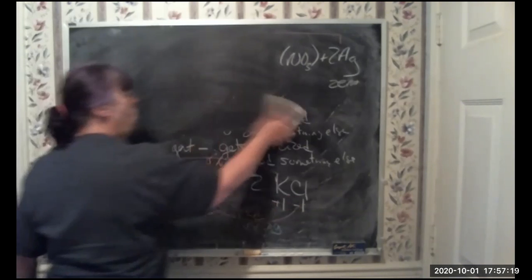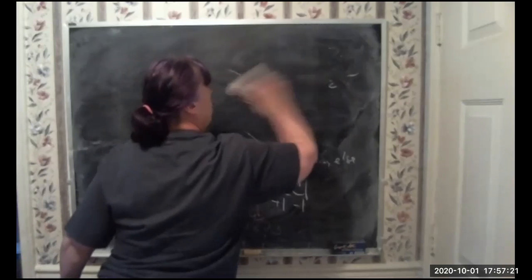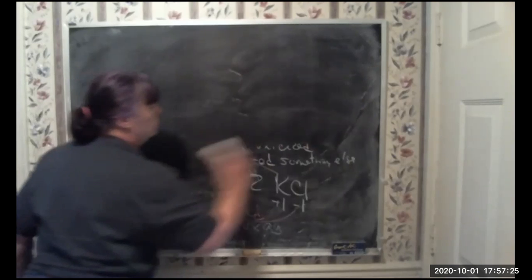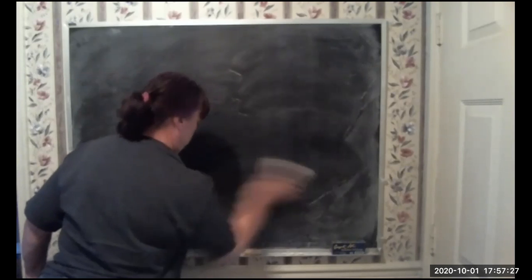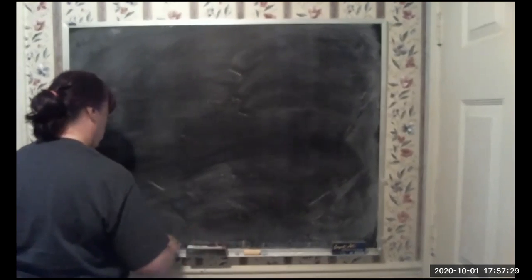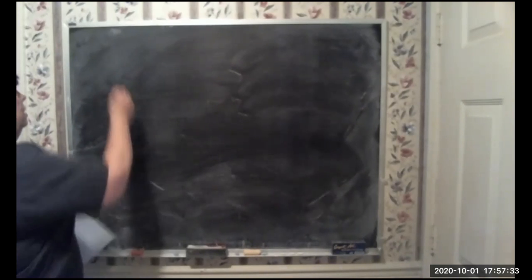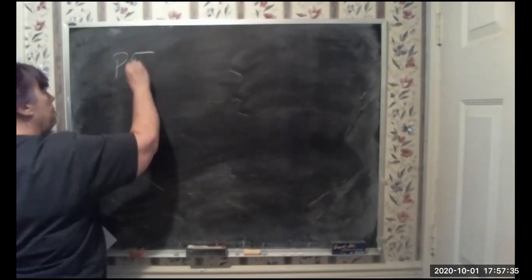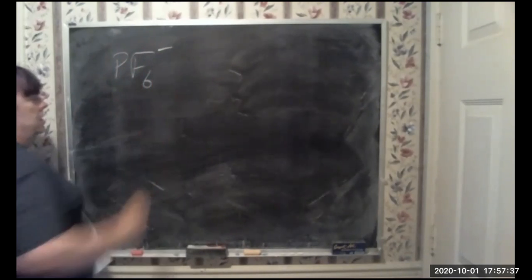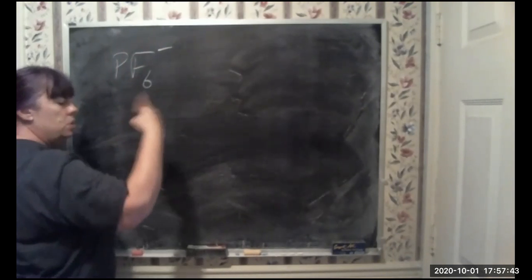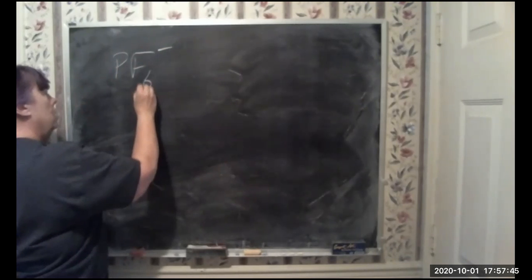I have a couple more molecules to talk about. Again, these are in your notes. Couple of messier looking molecules. How about PF6 minus? I want to figure out what the oxidation numbers are for these individual elements. Start on the right hand side.